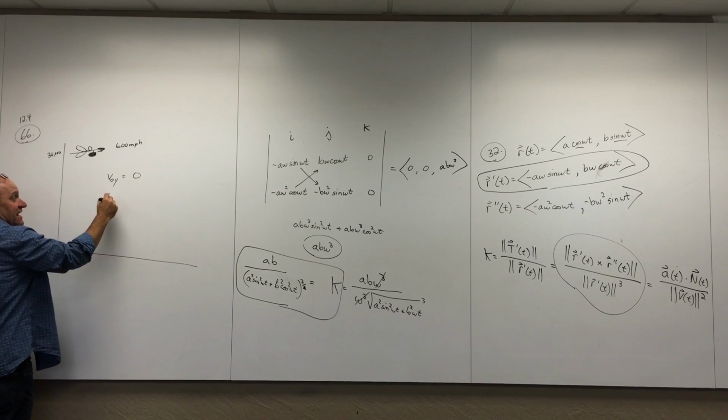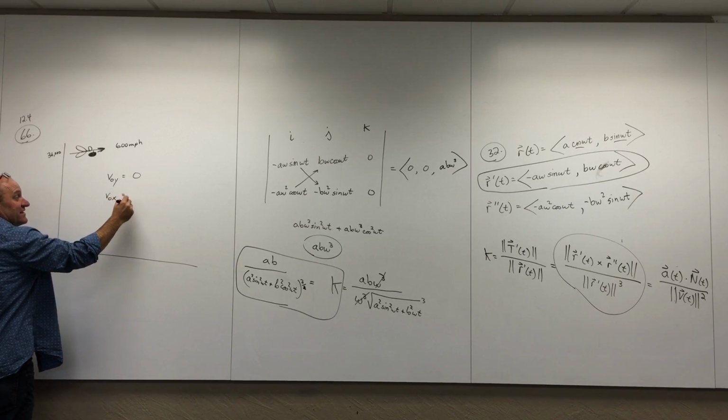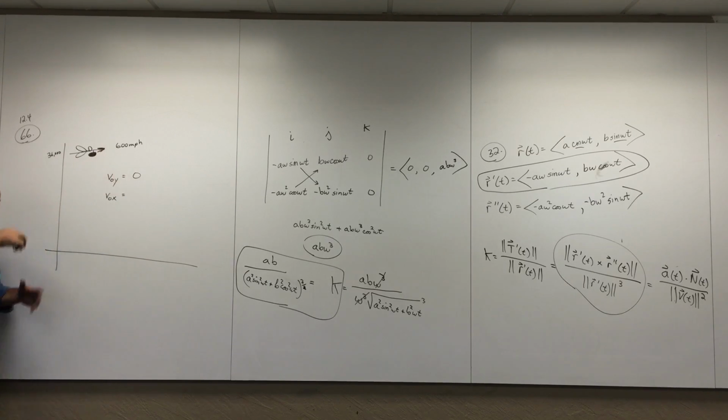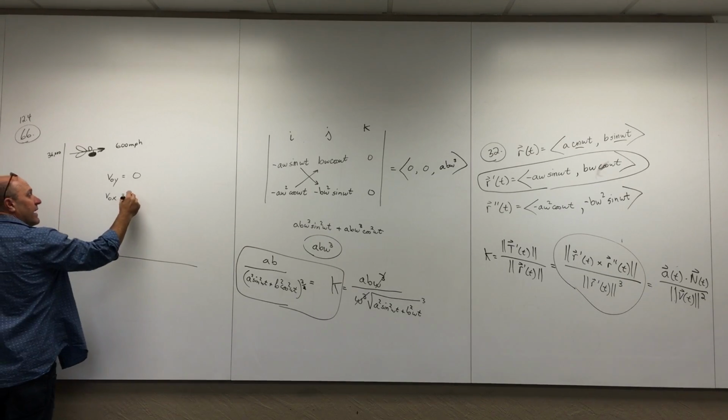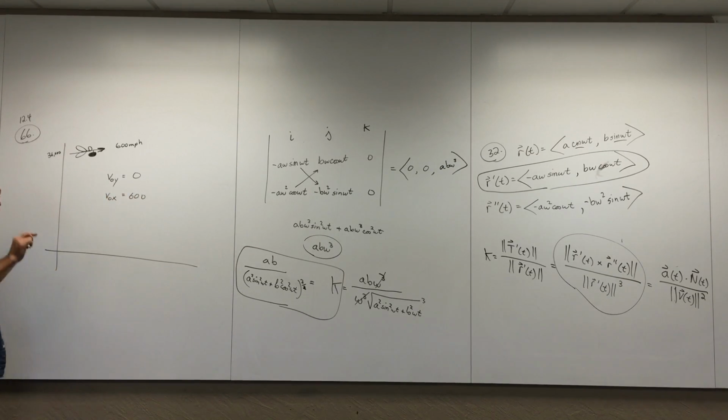But the initial velocity of the bomb in the x direction is 600 miles an hour. Right. It's in this plane moving this way, and so when it gets dropped, it's moving this way. So it's got a bunch of initial velocity in the x direction, but no initial velocity in the y direction when it gets dropped.